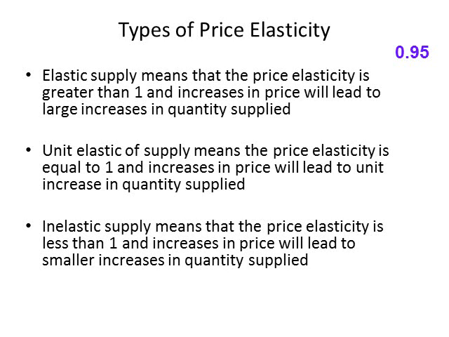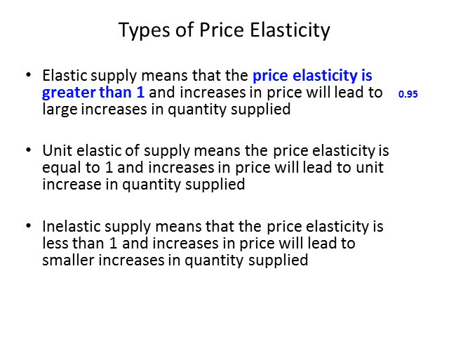As you may remember, the elasticity of supply was 95 hundredths, or 0.95. So we'll take 0.95 and compare it with each of the criteria. Let's check to see if 0.95 is price elastic. In order to be price elastic, it must be greater than 1.